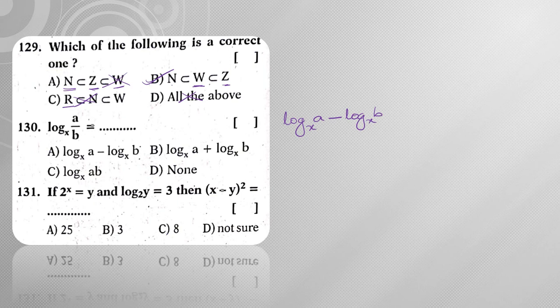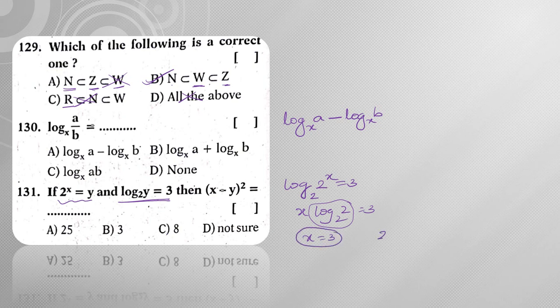Next, if 2 power x is equal to y, and log y to the base 2 is equal to 3. Now if you observe this carefully, we already know that y is equal to 2 power x. So instead of y, if I replace 2 power x, I get this particular value. Again by using the power rule, x will come out, so x log 2 to the base 2 is equal to 3. Log 2 to the base 2 is nothing but 1. So from this clearly x is equal to 3.